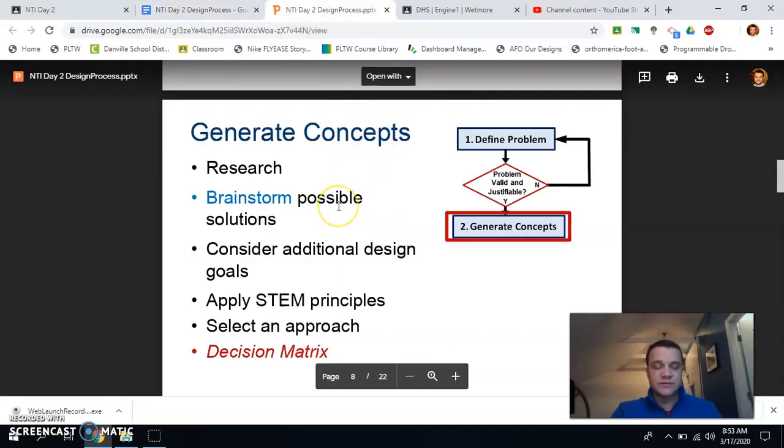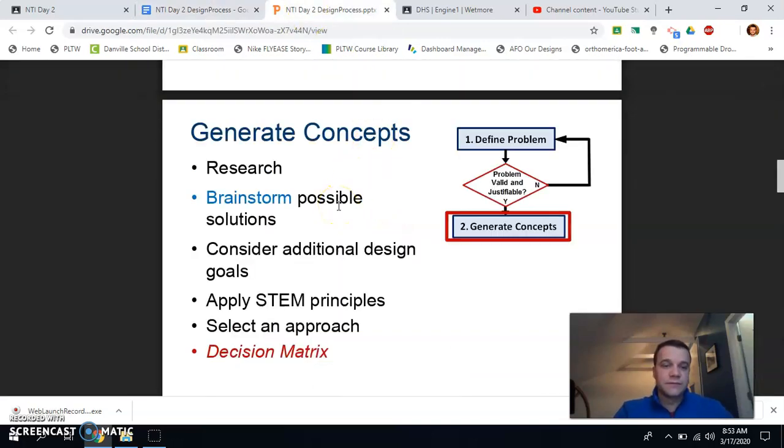So generate concepts. You want to get as many ideas as possible here. That's called brainstorming. There might be some research, and probably is going to be some research that's going to be required. Think about other things your design should do. Apply the STEM principles. Remember we talked about science, tech, engineering, and math? Think about how they will be involved in generating your concepts. You might need to think about the dimensions or the sizes or maybe the technology that will be needed for those concepts.